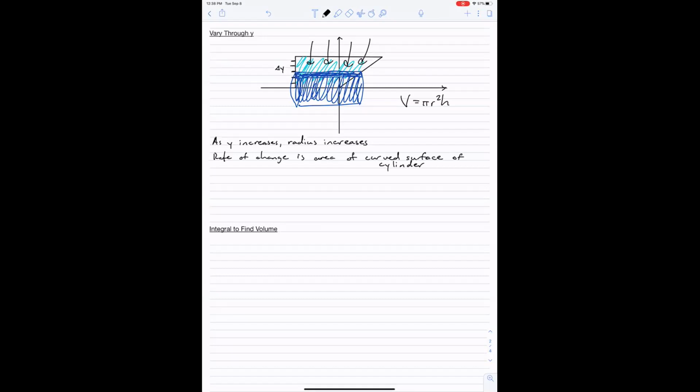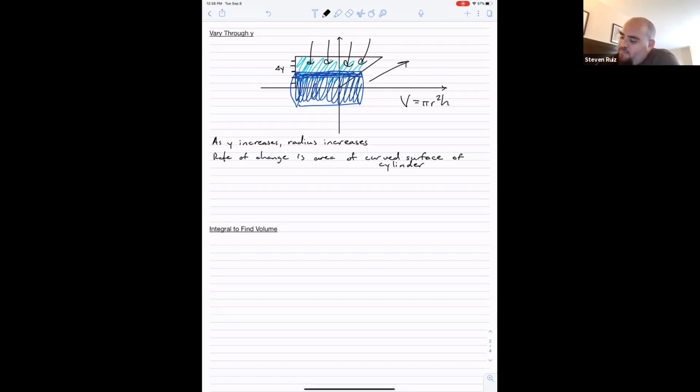Right, good, 2 pi RH. This is a little harder to see, but if you were to unspool this, you would have a rectangle where the radius would be this dimension, this width, and 2 pi h, the circumference, would give you the length. So that's our rate of change function. Area equals 2 pi RH.